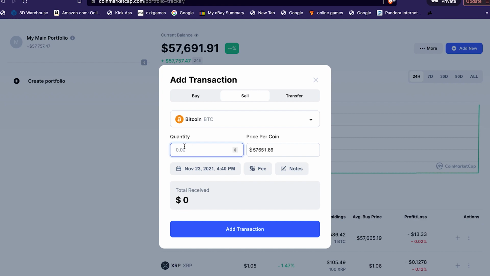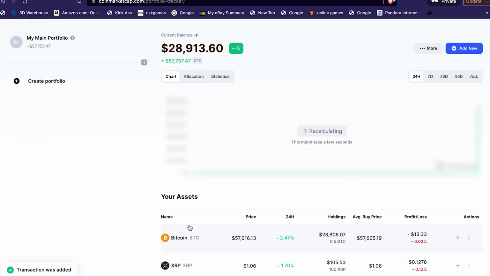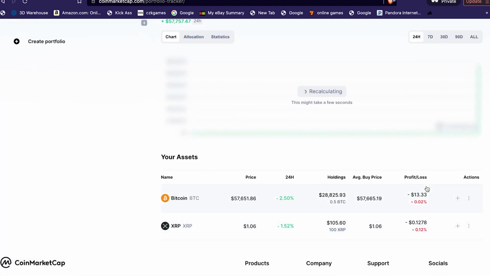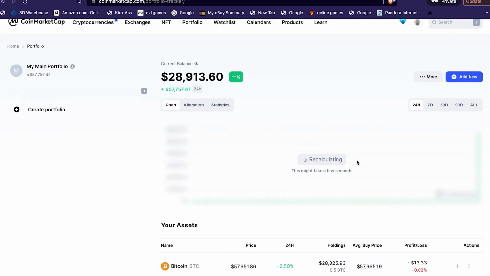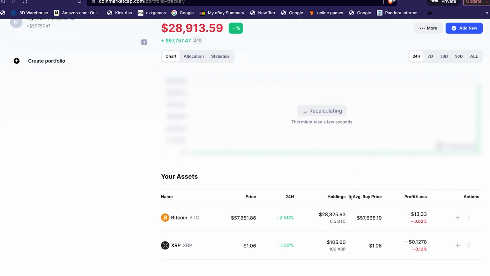I want to move some of this money over and diversify it into other coins. That's fine. You can track that here, selling half your Bitcoin wherever you bought that from. And then there you go. It now tracks it as 28,913. You're tracking half of your Bitcoin holding and 100 XRP.